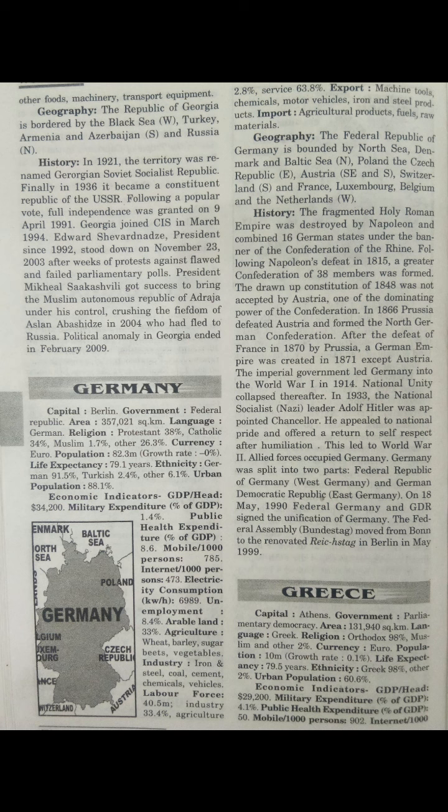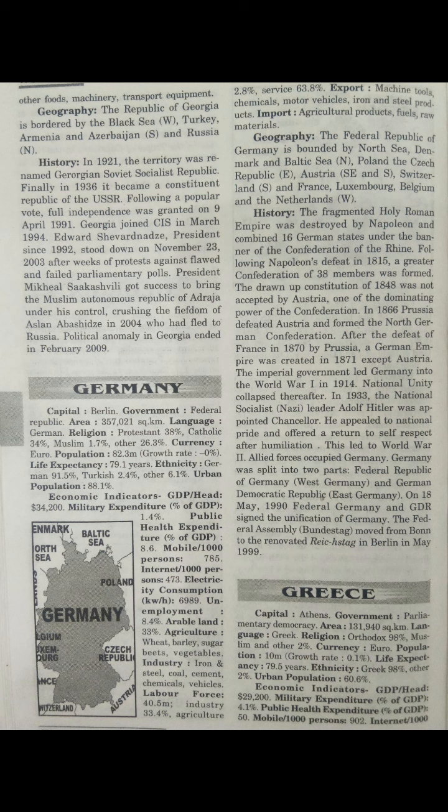The fragmented Holy Roman Empire was destroyed by Napoleon and combined 16 German states under the banner of the Confederation of the Rhine. Following Napoleon's defeat in 1815, a greater confederation of 38 members was formed.